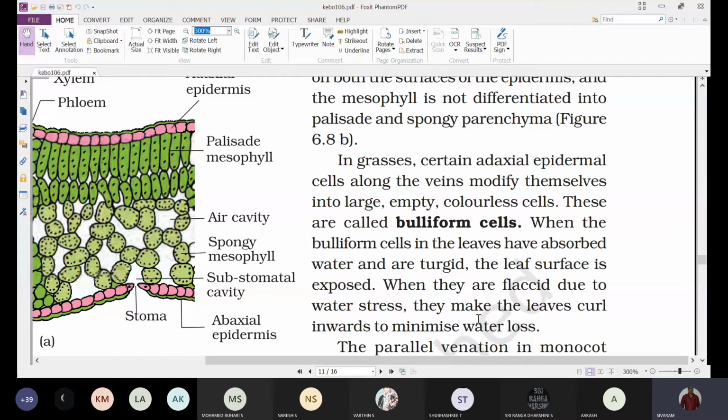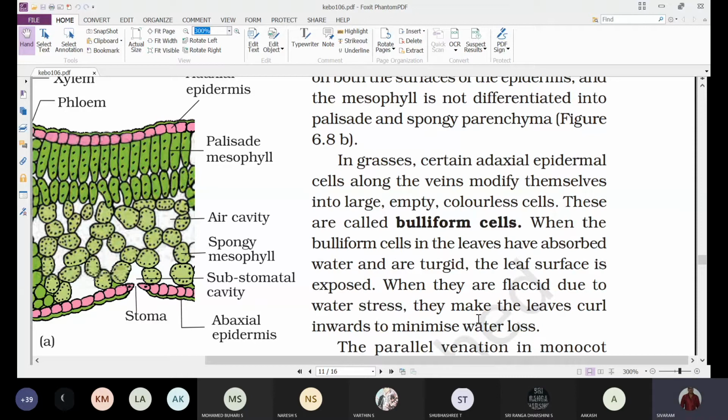That means when the conditions are not favorable, when the water content in the soil is less, or when the temperature is high, when the wind is blowing heavily, in all these conditions there is a high rate of transpiration. As a result, the plant loses a lot of water, but water availability is less. In that case, to reduce the transpiration, the leaves will roll.